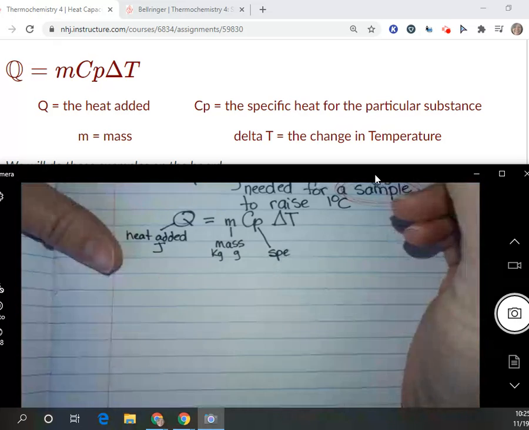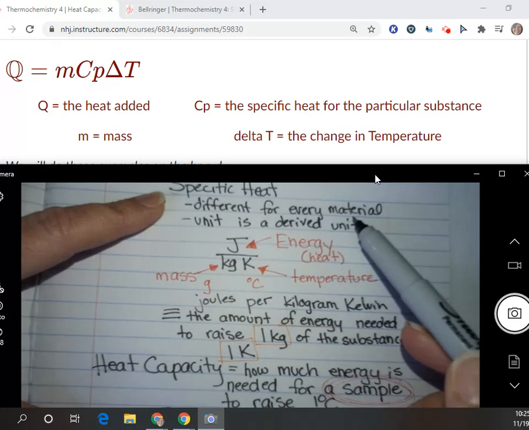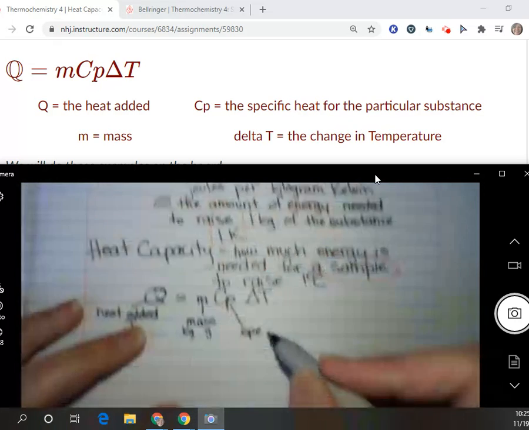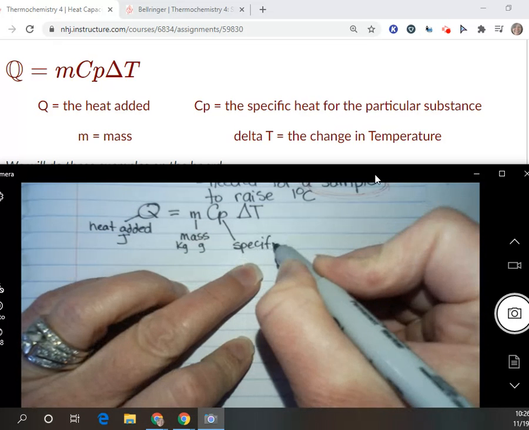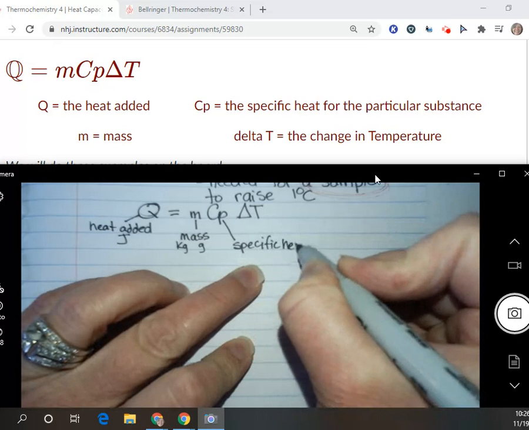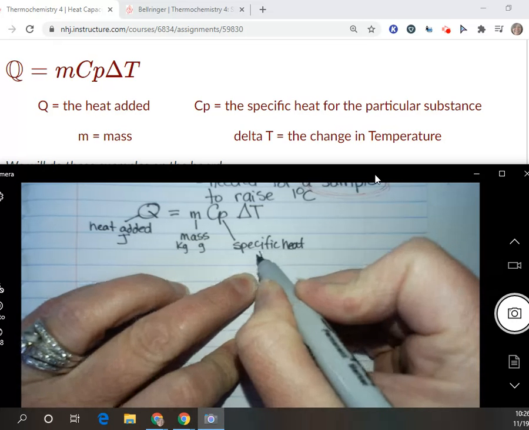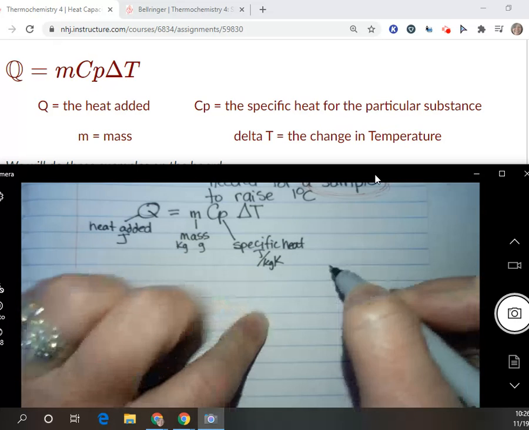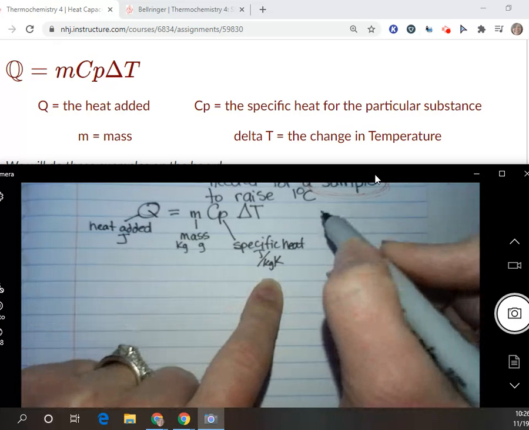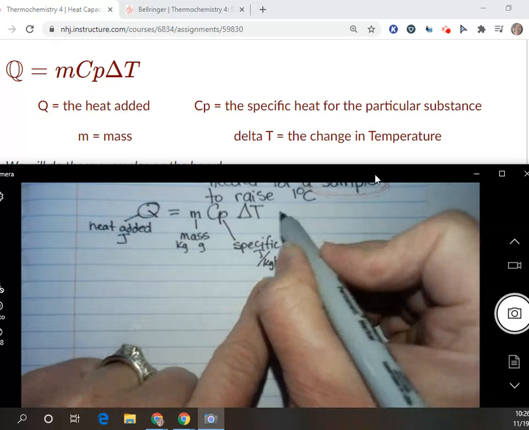Remember we said specific heat is different for every material? Well, that's going to be different for every material. And we know that that's going to be in joules per kilogram Kelvin or per gram Celsius. Okay. And then what does delta T mean?